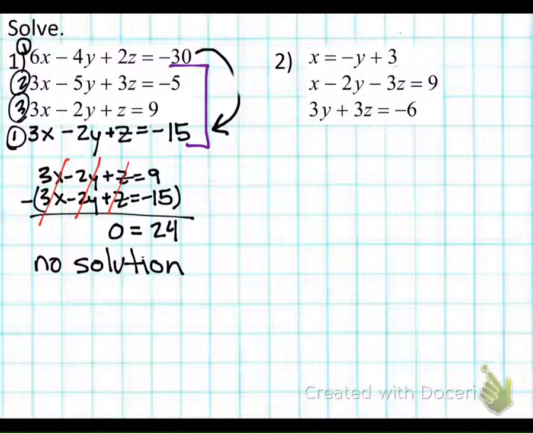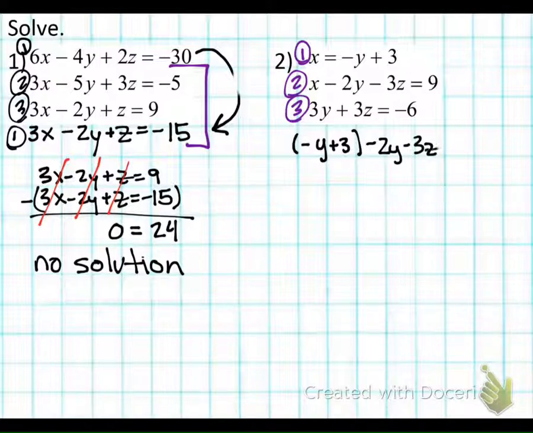Okay, I'm going to go ahead and do that. I'm rewriting equations 1, 2, and 3. I'm going to rewrite equation 2, but instead of x, I'm going to put negative y plus 3, then finish equation 2, minus 2y minus 3z equals 9.